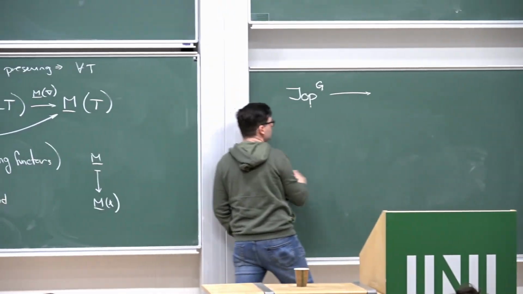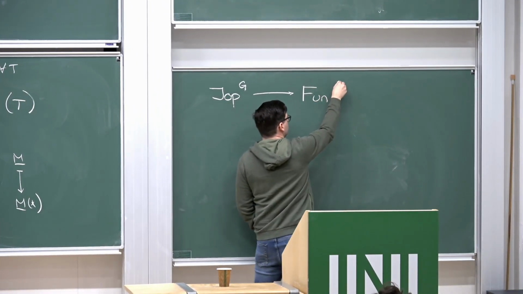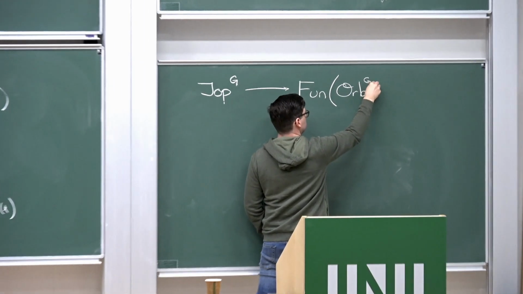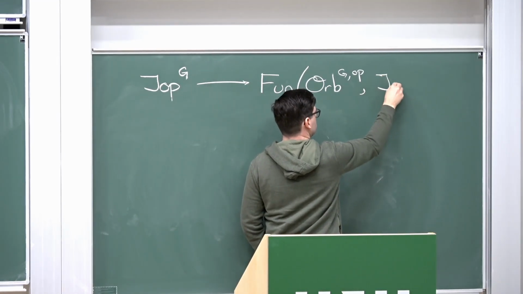So given a G space, I can write down two kinds of things. I can write down a functor on the orbit category into spaces.